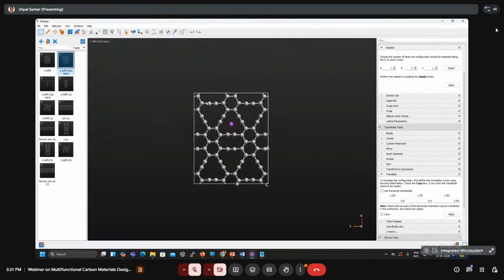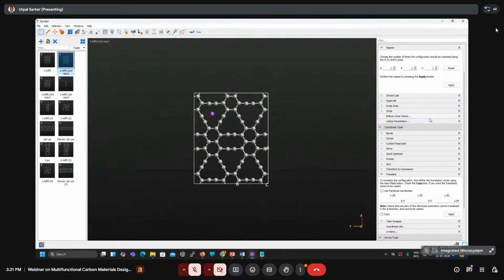This to this actually. So we have to make the input for the second position. So we will duplicate it. Suppose this is the first position and this is the second position.